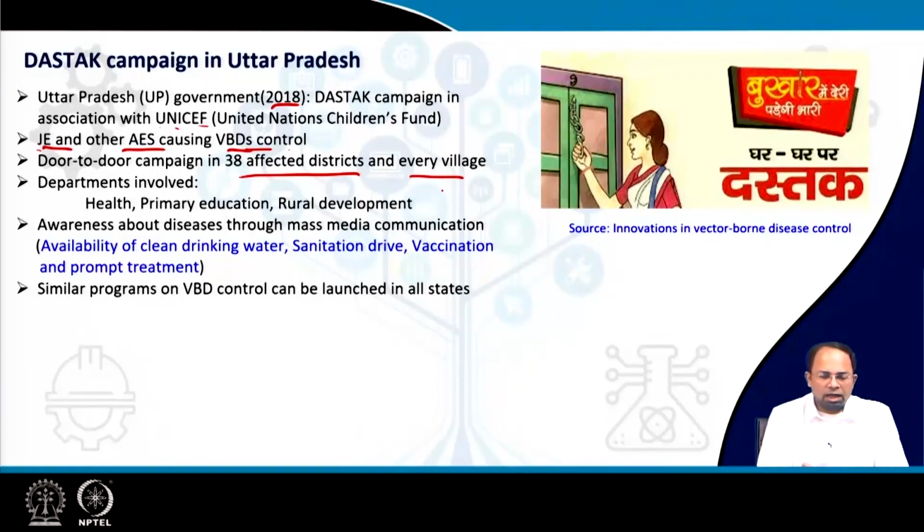Multiple departments had to be involved, such as health, primary education, and rural development. So there has to be cooperation between the different departments, and awareness about the disease through mass media communication, availability of clean drinking water, sanitation drive, vaccination, and prompt treatment. All this information was spread via this awareness campaign, and similar programs on VBD control can be launched in other states as well.